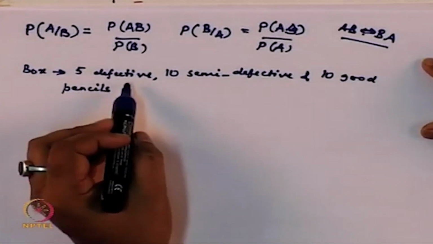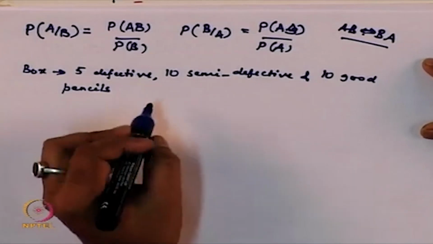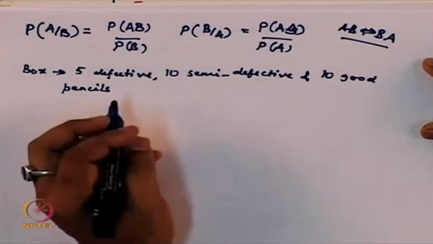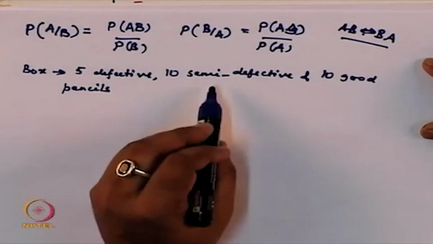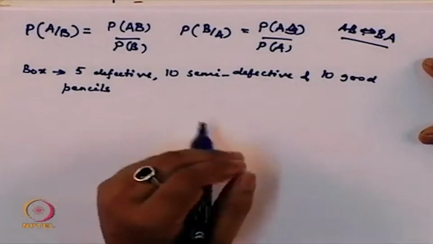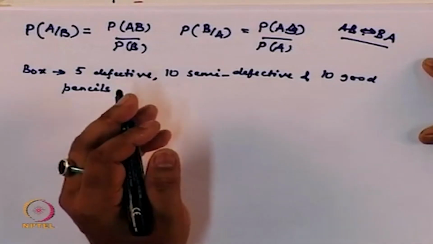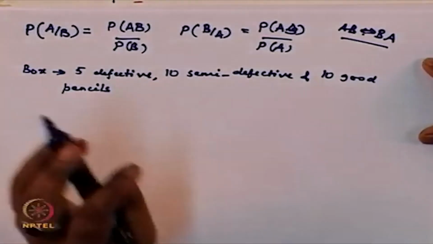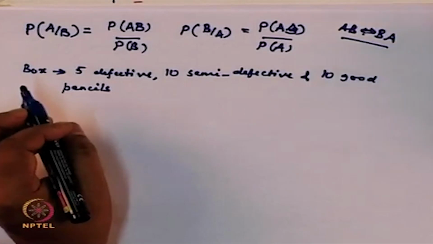By defective I mean that when you start using the pencil it will keep breaking. By semi defective I mean that when you start using the pencil it will work for some time and then fail. And good means pencils which do not break so frequently.